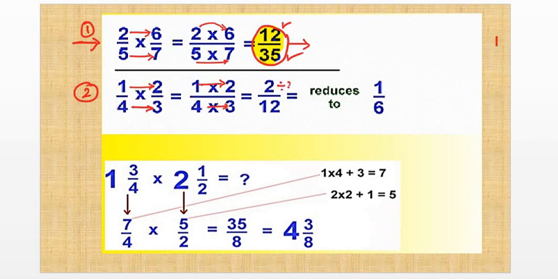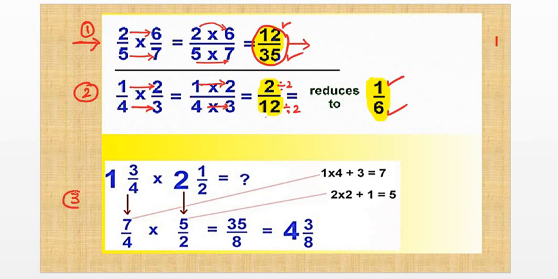You divide the numerator by 2 and the denominator by 2. For doing such steps, you have to be very good in multiplication tables. So 2 divided by 2 reduces to 1, and 12 divided by 2 reduces to 6. This is our final answer. It becomes mandatory for us that if a fraction could be reduced, then we reduce that fraction.